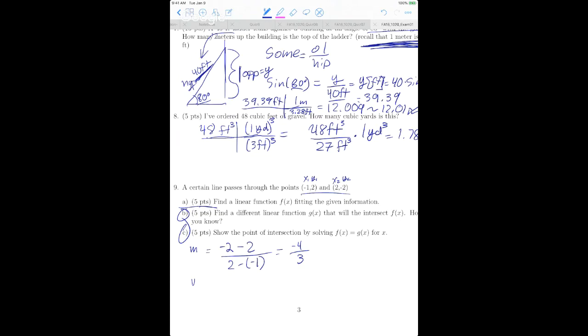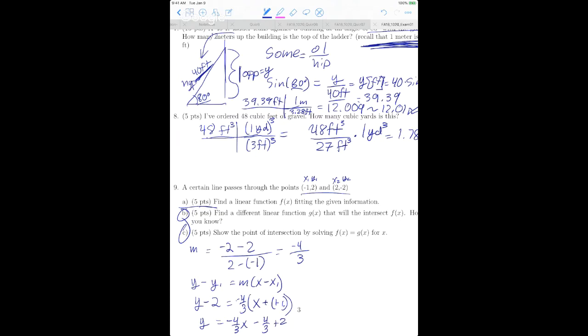Okay. Now let's use our trusty point slope form here. So y1 is 2, x1 is -1. Oops, we know what m is now. -4/3 times x minus -1. Okay, so lots of minus and negative going on in this problem, but we end up with y equals -4/3 x minus 4/3, right?